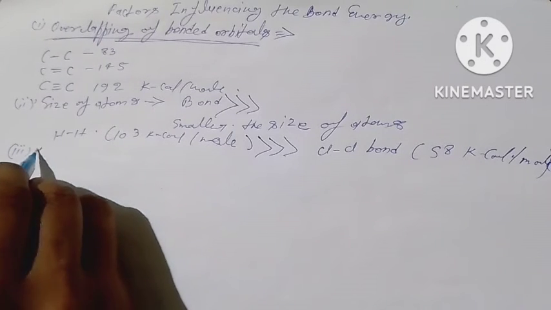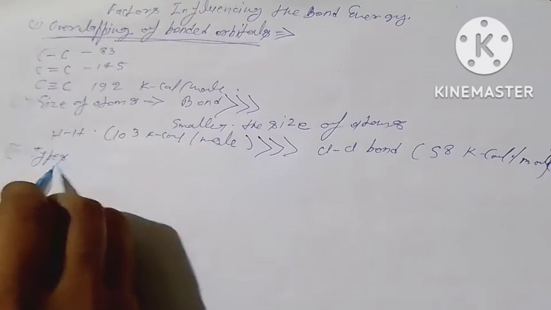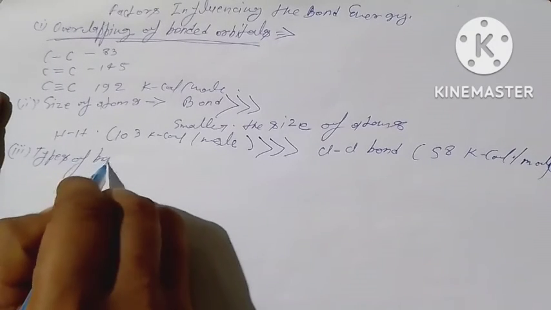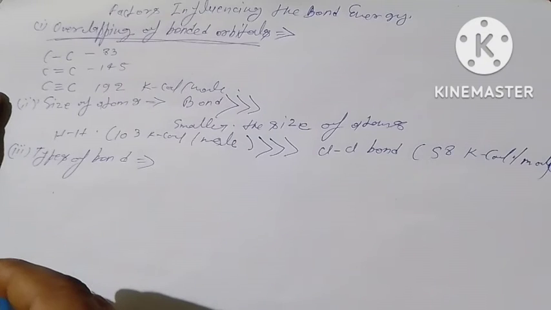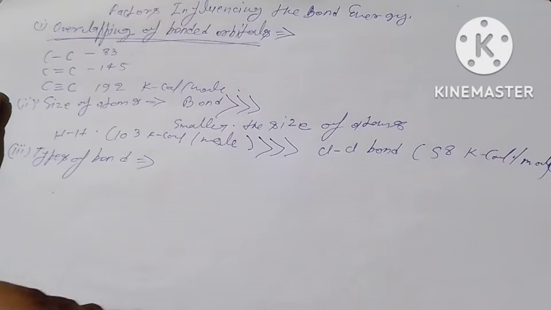And third point, types of bond. Okay, for similar diatomic molecules, the value of bond energy differs in single, double, and triple bond. Hence, bond energy depends upon the type of bond.